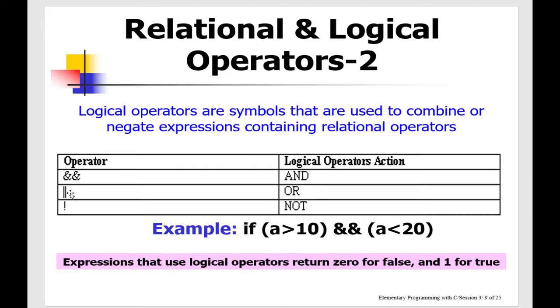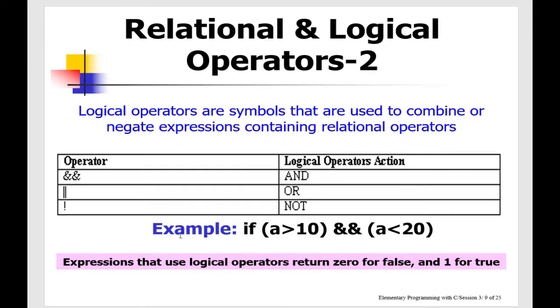Then when we have two pipe symbols, that is the double pipe, this means OR, and it means whether part A or part B is false or true. And something to note is that this also evaluates to either a true or false value. The last one, the exclamation mark, simply means NOT.